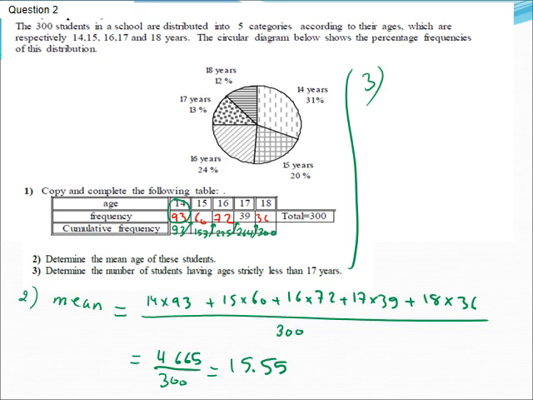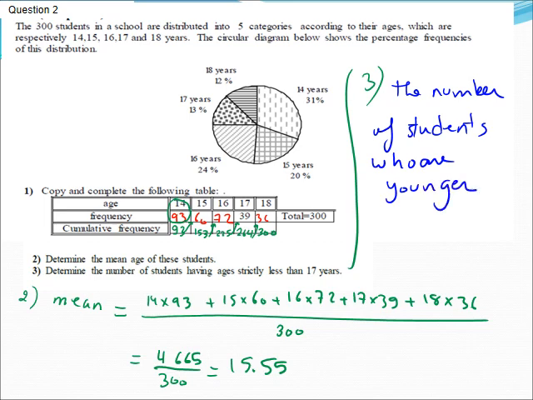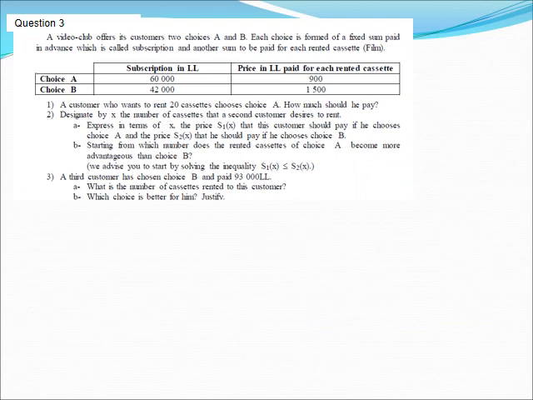So the number of students who are younger than 17 is 225 students.